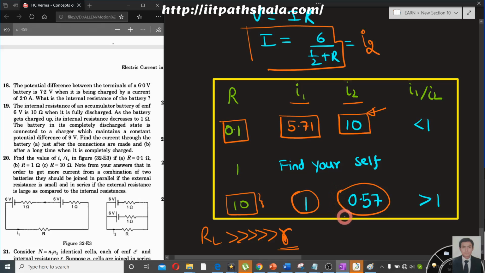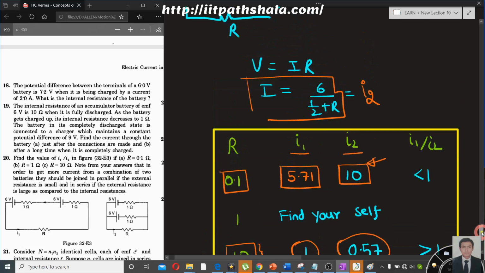So the statement is verified that if you have a very high load resistance compared to the internal resistance, then you should join your batteries in series to fetch more current instead of the parallel combination. Okay guys, that's a very good point over here.